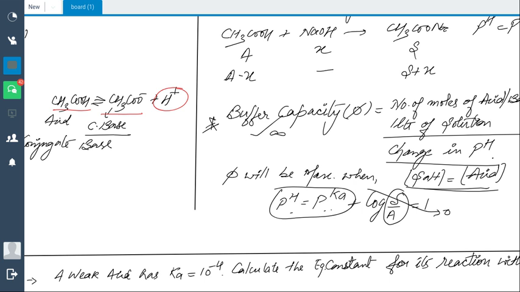So the change is reflected in the log part, which is very, very small. Okay, now solve this question, please. And it's a brainy question, so you need to apply your brain.